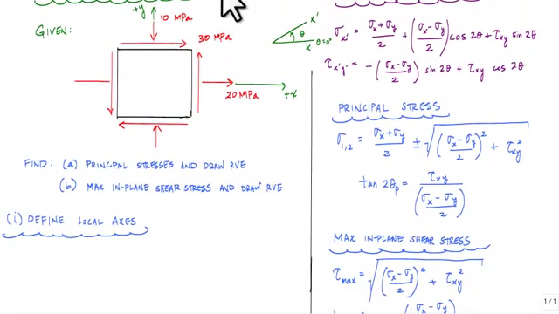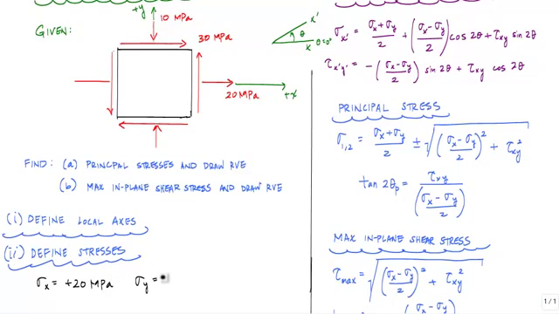By choosing that, we are now able to define our stresses: sigma x is positive 20 megapascals, sigma y is minus 10 megapascals, and tau xy, because it's on the plus x face in the plus y direction, is positive 30 megapascals. With these stresses defined, now we can solve for principal stresses and maximum in-plane shear stress states. We'll do the principal stresses first.